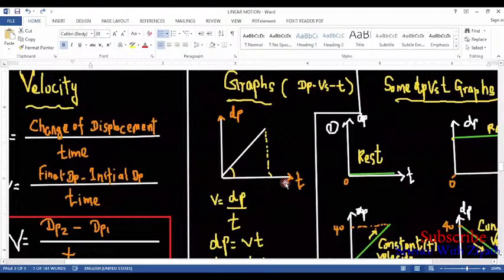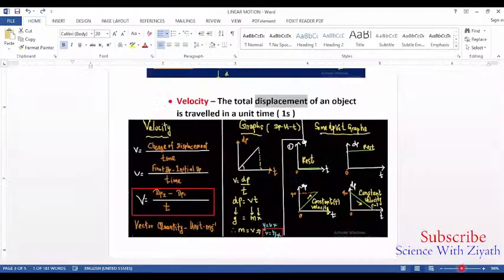This is the basic idea about velocity, the displacement time graph.